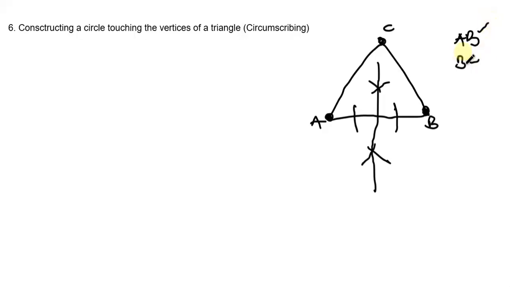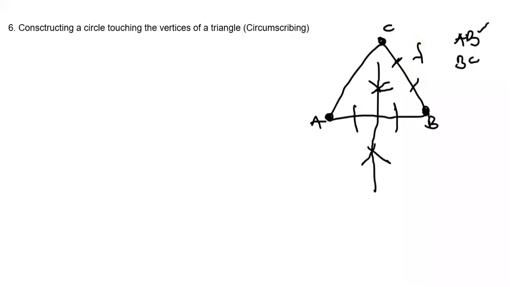Then lastly, we bisect line BC. From point C, you can extend your compass, let it pass the center somewhere here, make an arc, transfer it to point B. The same thing, you make an arc. From one of the arcs, extend it, let it pass the center here, make an arc on top and below.